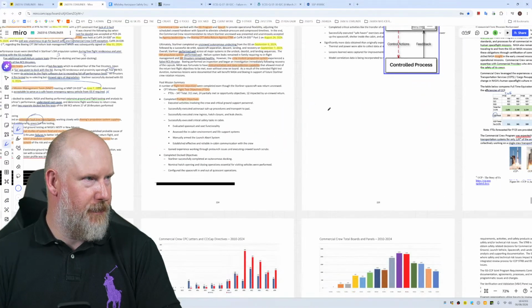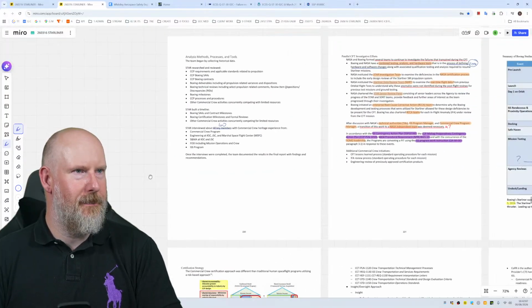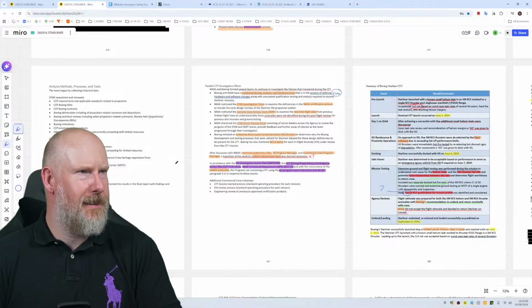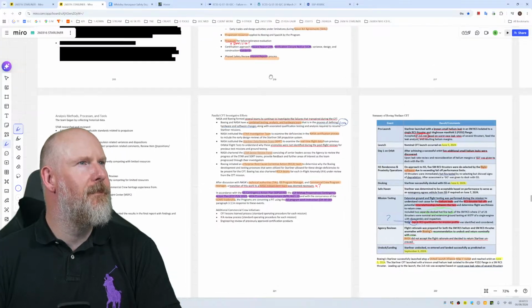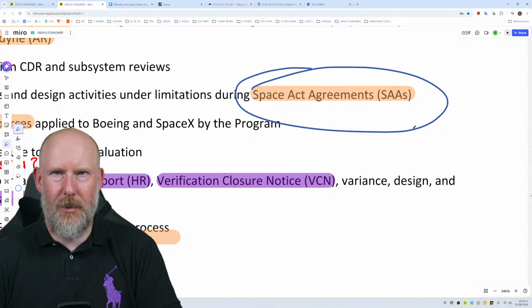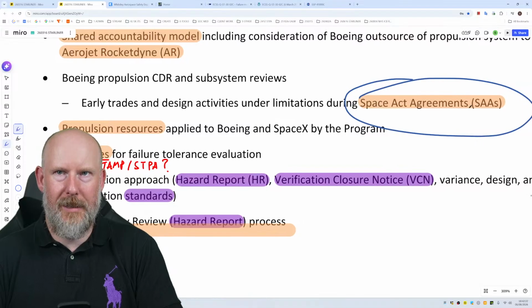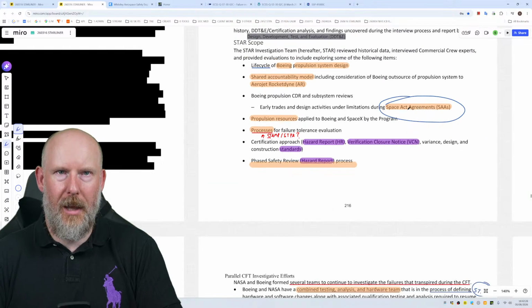It was on the first page, wasn't it? There it is. Space Act Agreements. So that's what SAA is. So early trades and design activities under limitations during Space Act Agreements. So the Boeing Propulsion CDR and subsystem reviews took place during that period of time.